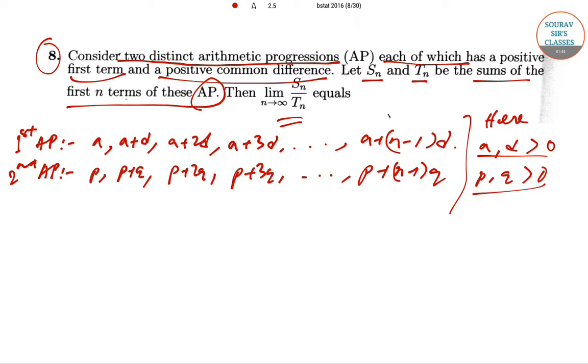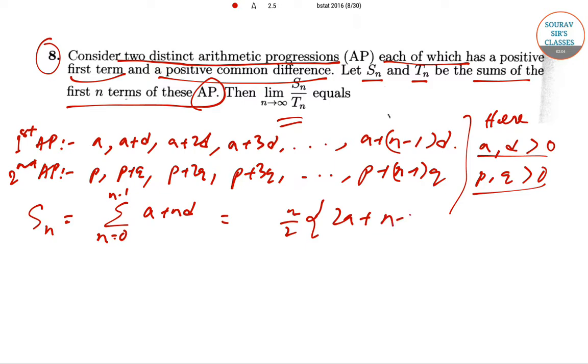So we have to find out Sn. Now Sn is the summation of a plus nd, where n goes from 0 to n minus 1. So this will be equal to n by 2 into (2a plus (n minus 1)d).